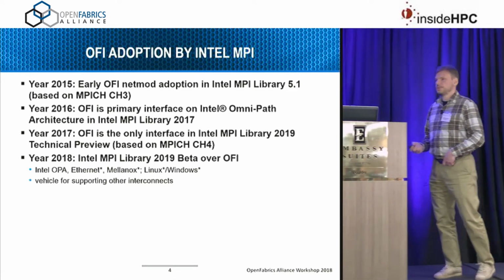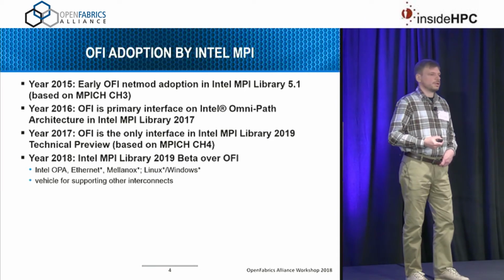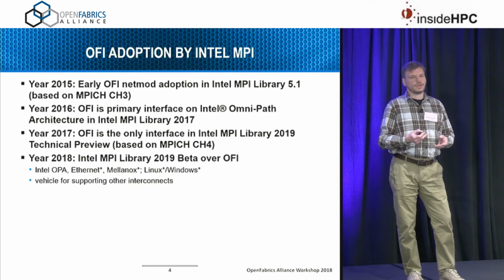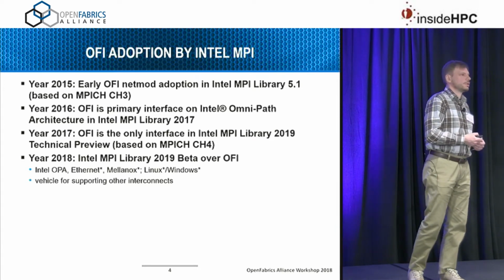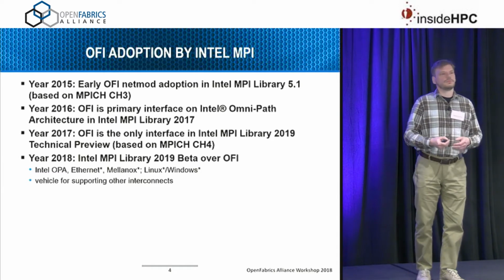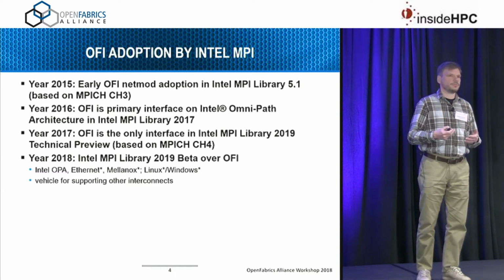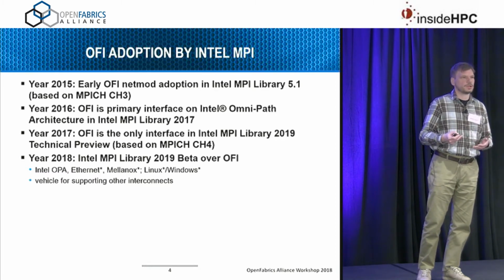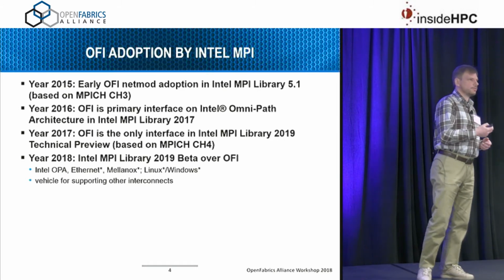What we want to get with this library: first of all, all the netmods that we supported in the previous generation of our library, we will keep supporting these networks in a different way, via LibFabric.